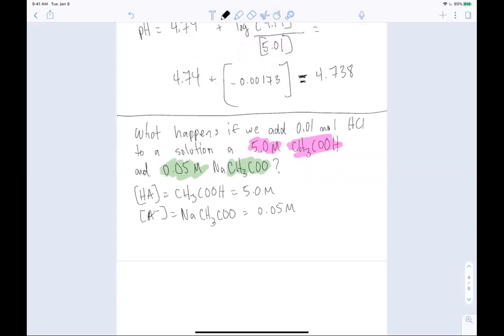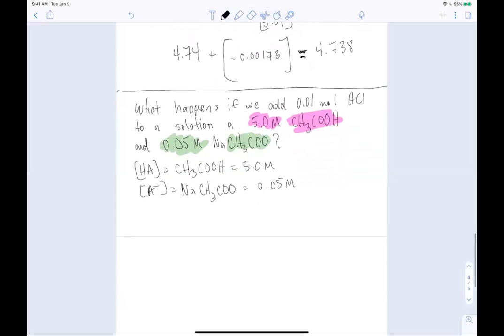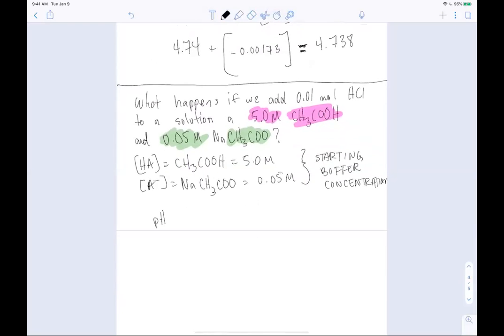So then we want to do kind of the same thing that we did before. So this is where we start. This is sort of the starting buffer concentration. So we could look at what our pH is initially. Our pH is going to be equal to the pKa plus the log of A minus 0.05 divided by 5.